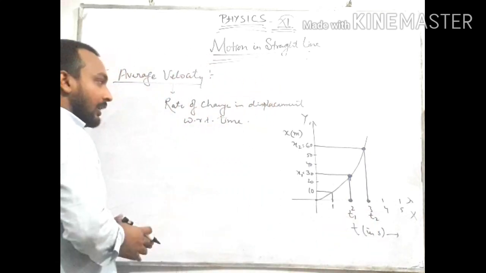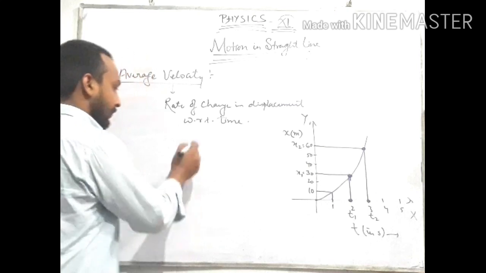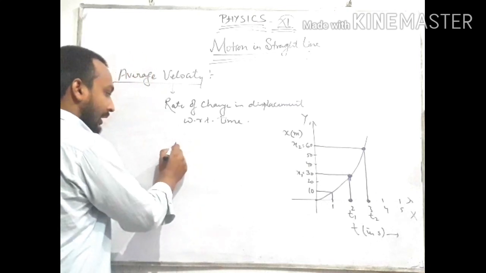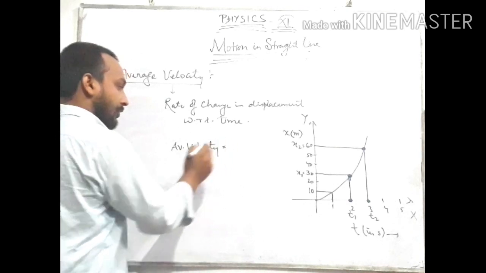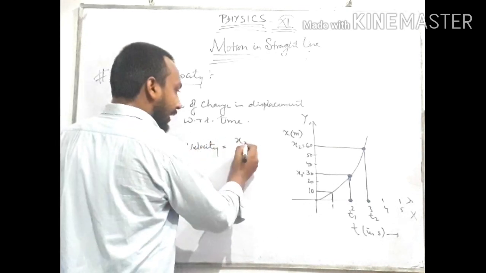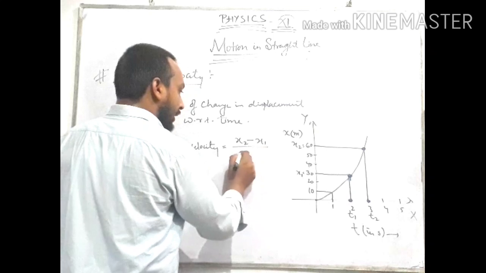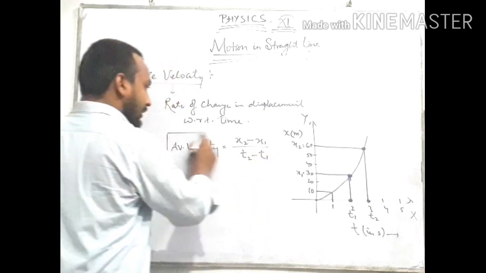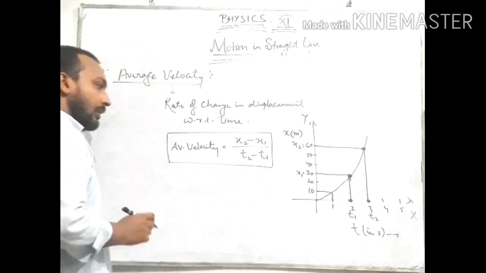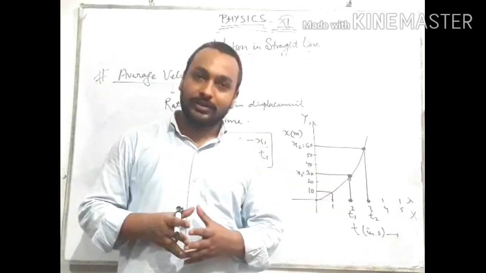Now, what will be the average velocity of the body? You can write it like this: average velocity is equal to x2 minus x1 divided by t2 minus t1. This is the graphical method to find the average velocity.